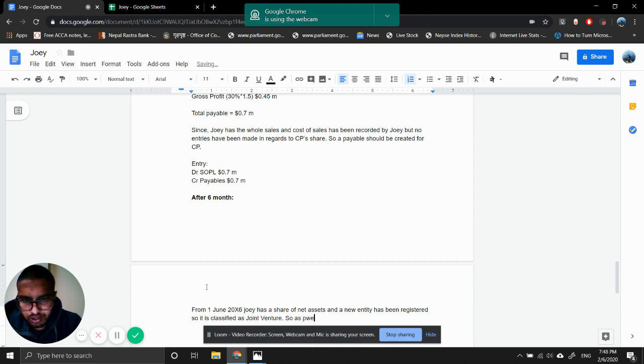So as per IAS 28, it should be equity accounted.